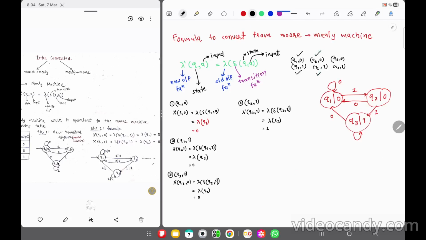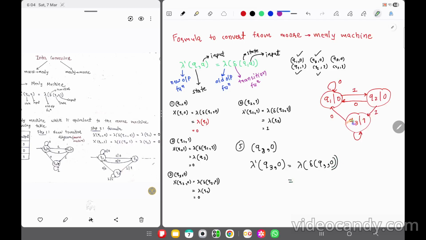Now we will move forward with state Q3 for the input 0: λ'(Q3, 0) = λ(δ(Q3, 0)). What is the transition of Q3 when we give input 0?